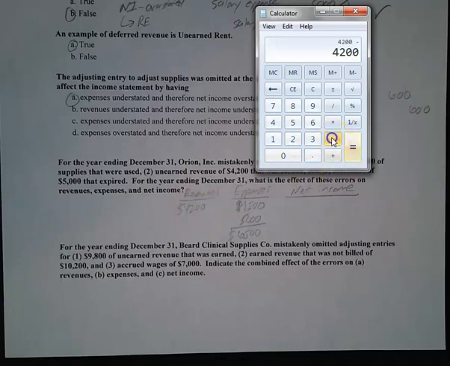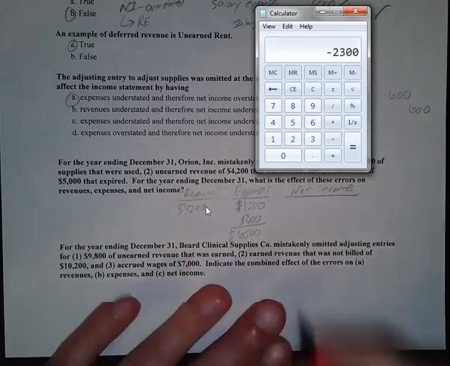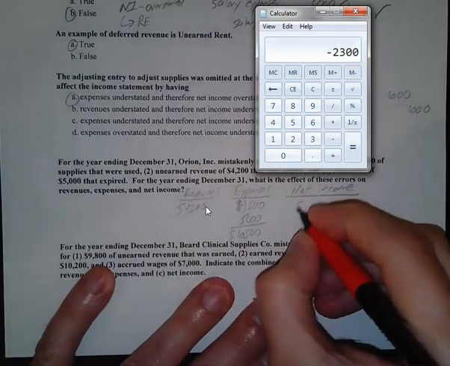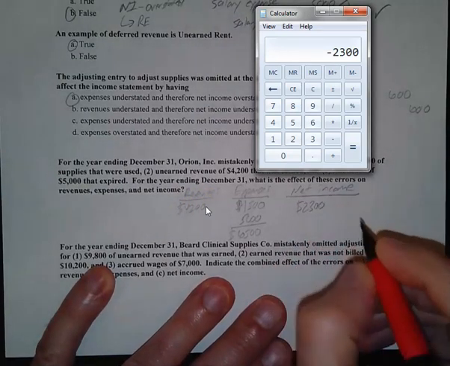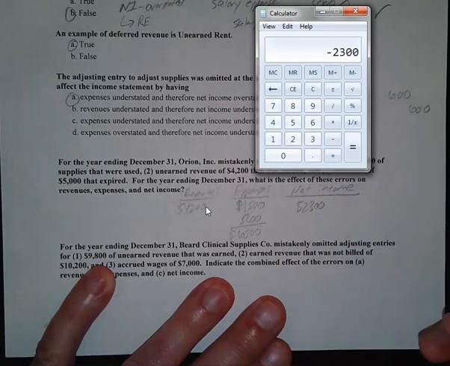That's right here. $6,500 in expenses, that's negative $2,300. But here's the thing. Because the expenses that we didn't count are $2,300 more than the revenues, the impact is $2,300. And technically, that's all we have to say.